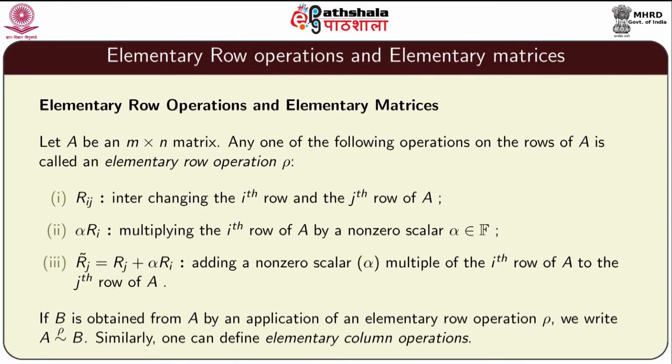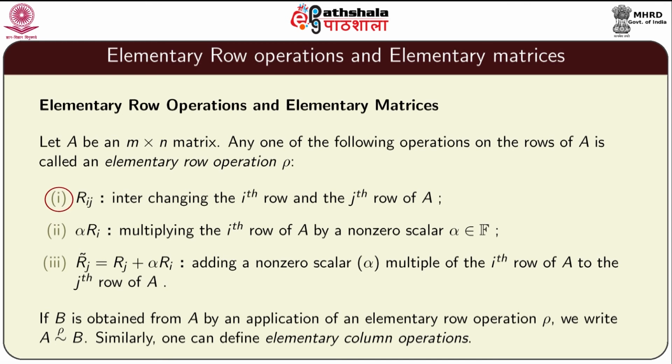Let us start with elementary row operations. Let us start with an m cross n matrix over a field F. Let the matrix be denoted by A. Let us first introduce what are called elementary row operations on a matrix. So, there are three kinds.